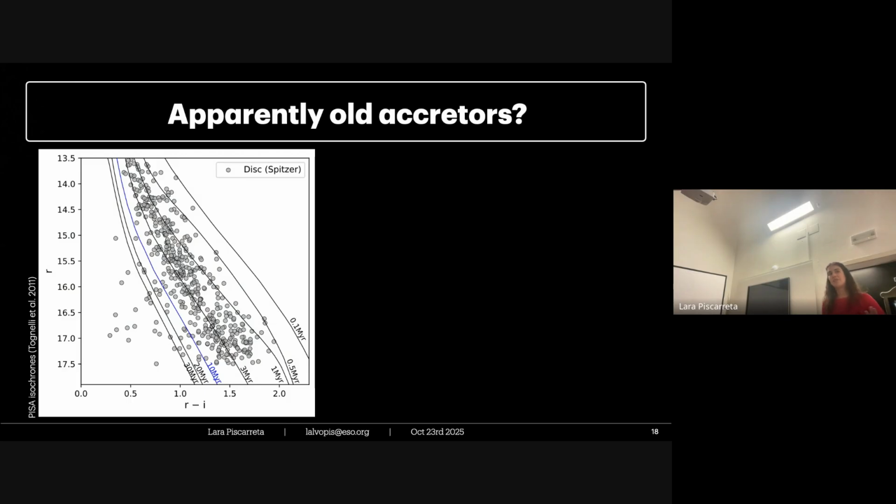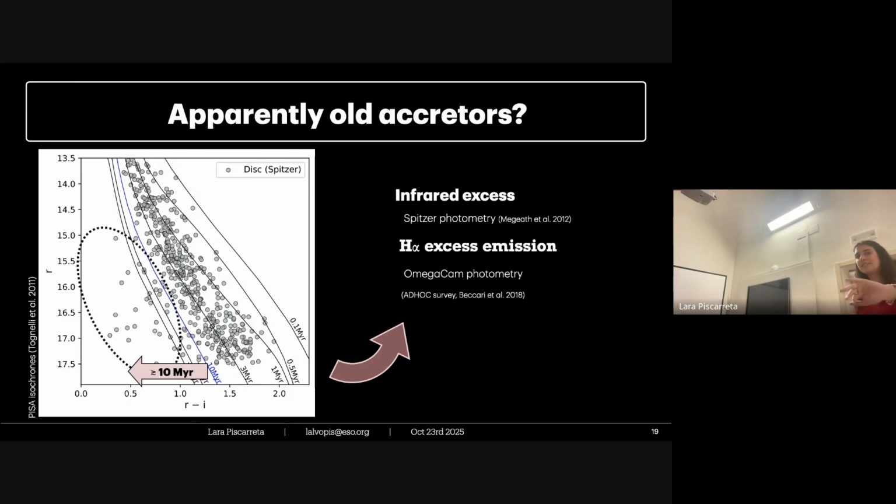But then we have a significant population that seems older than 10 megayears and that has infrared excess and H-alpha excess emission. And the H-alpha excess we know because we observed these sources with the H-alpha narrow filter from OmegaCam.